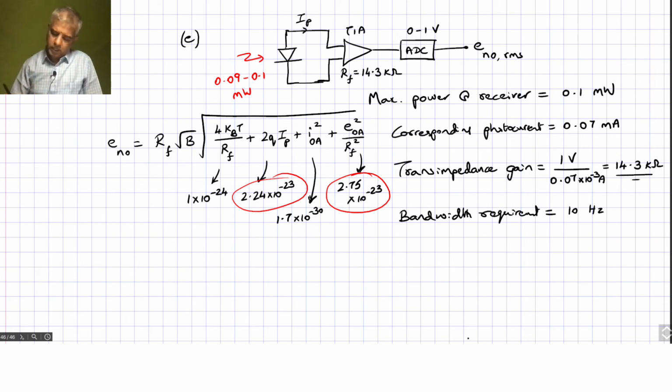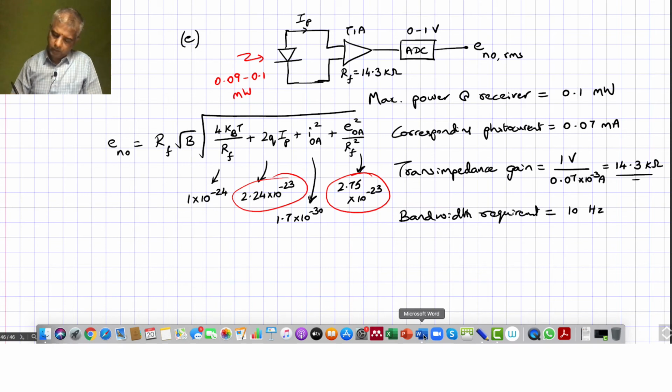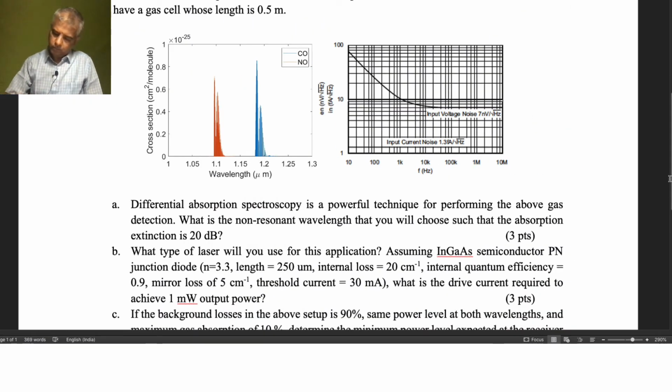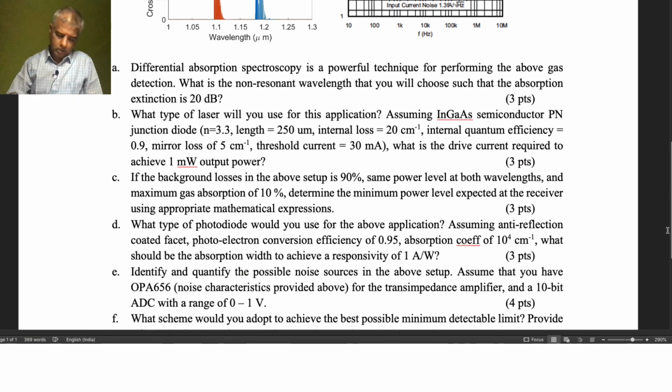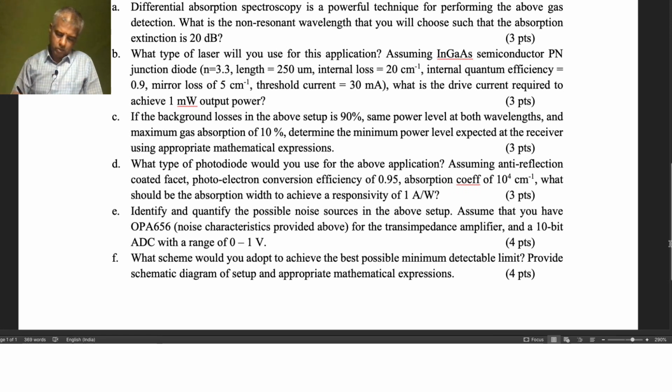Now let's just go back and see what else we've been asked to figure out. So finally we've been asked to figure out what scheme would you adopt to achieve the best possible minimum detectable limit.